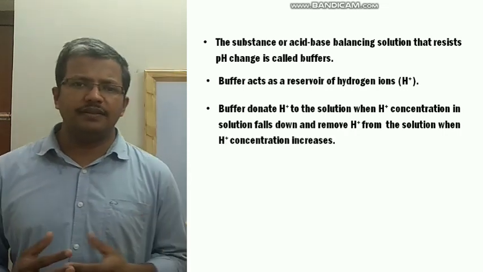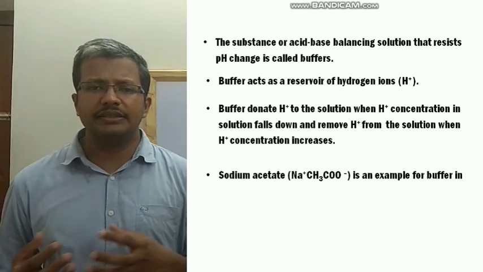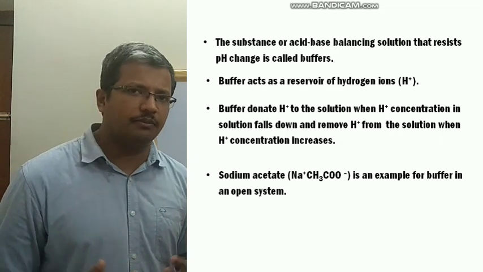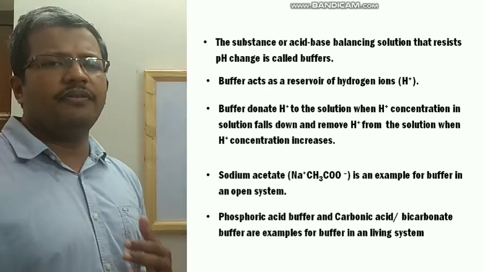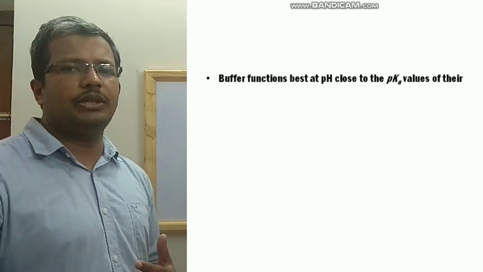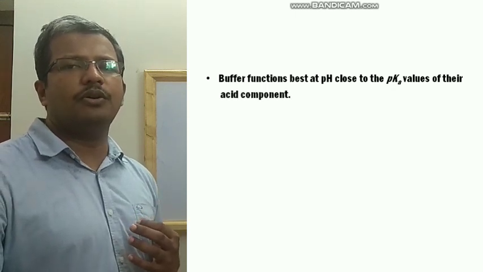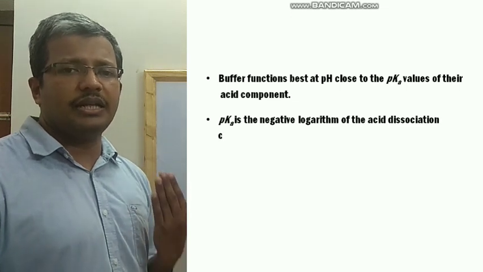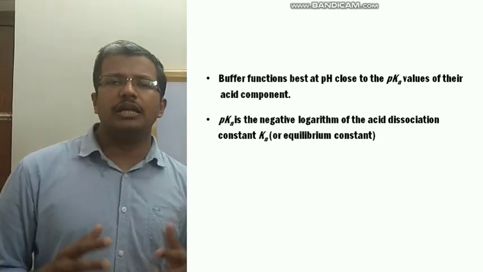Sodium acetate is an example of a buffer in an open system, and the phosphoric acid buffer and the carbonic acid bicarbonate ion buffer are examples of buffers in living systems. A buffer functions best at a pH close to the pKa value of its acid component. pKa is the negative logarithm of the acid dissociation constant Ka, or equilibrium constant.